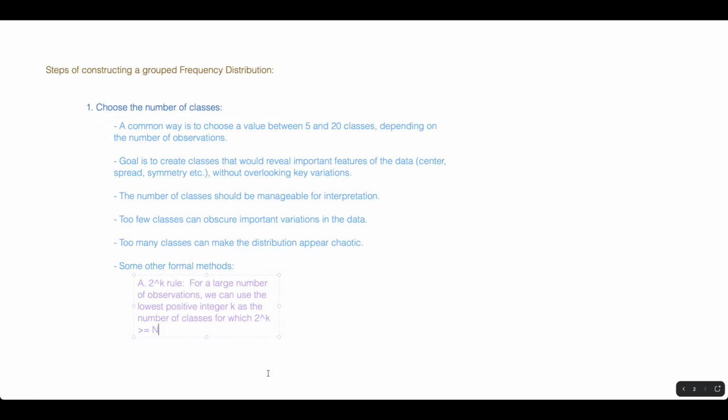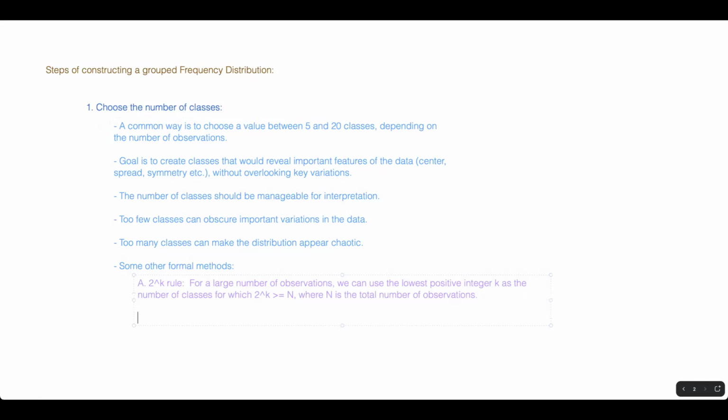Where n is the total frequency of the data set, k is of course the number of classes, and n is the total number of observations.